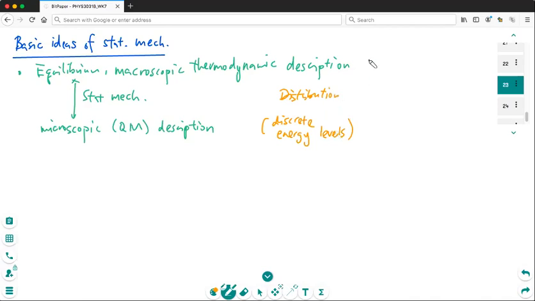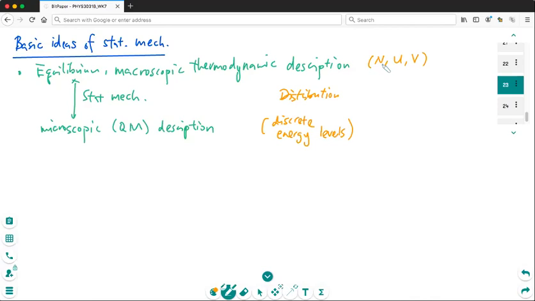My aim is to see whether I can gain some predictive power to describe my thermodynamic system, where I care about the volume and the energy for a given number of particles in this collection.